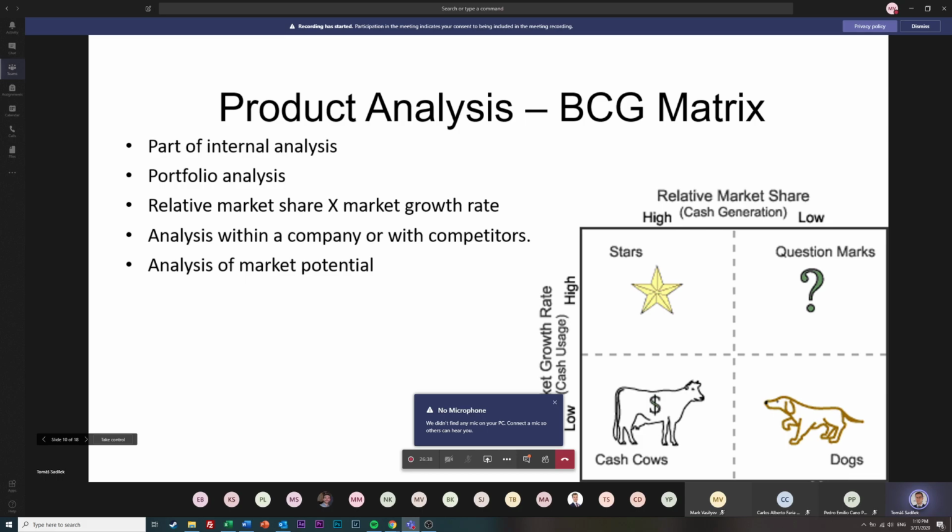Pedro is asking, is there a form of time limit or how long does each section last? No, not at all. In some companies, for instance, the cash cow could last for many years. It's more connected to how long the whole life cycle of a product is.